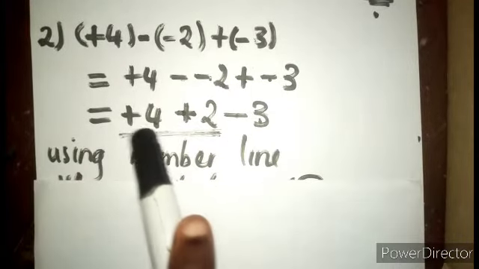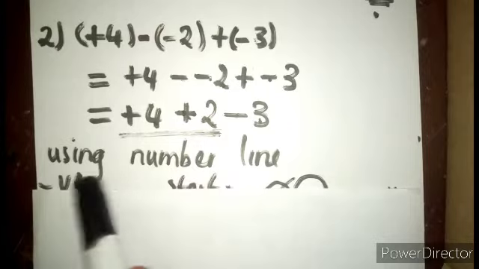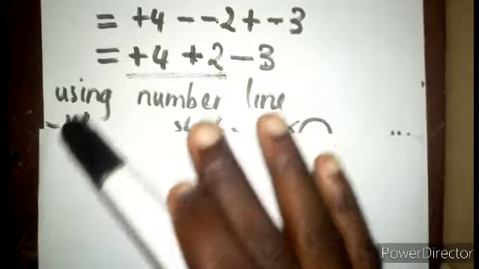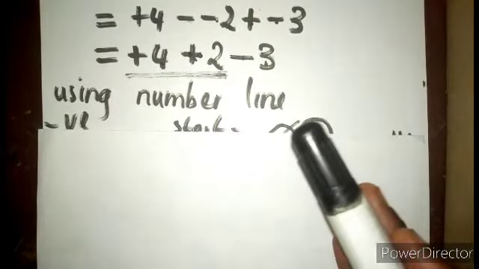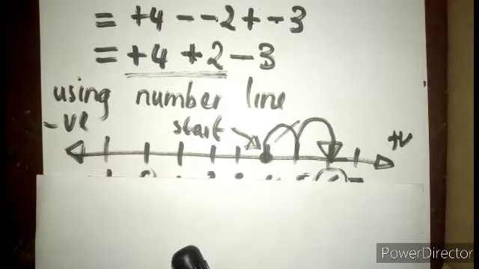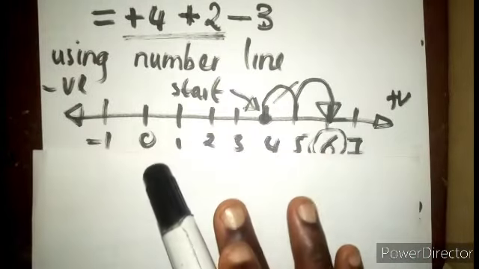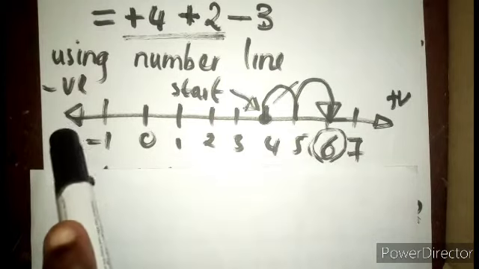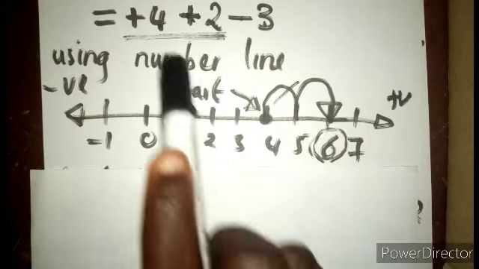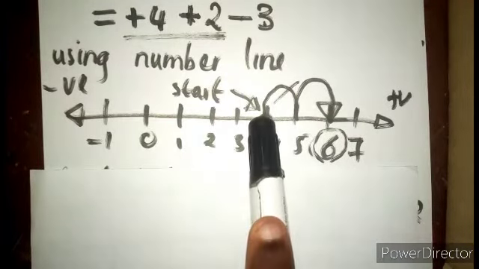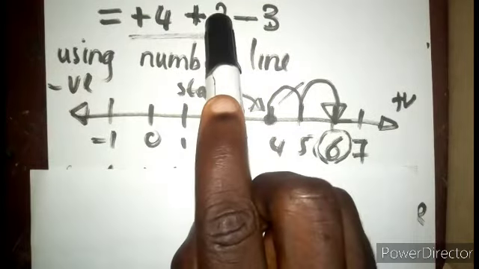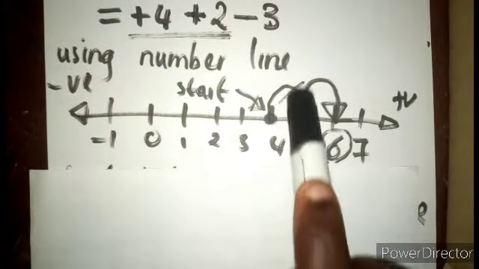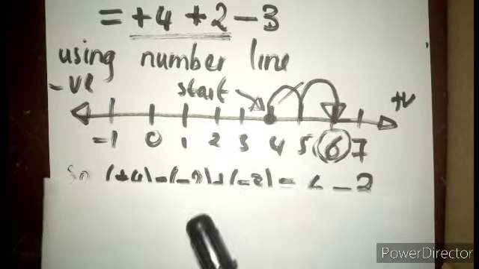Now, working with positive 4, positive 2, using your number line, you can do it directly. Positive 4, positive 2 is positive 6. But using our number line, we can also have the same result. Starting at positive 4 and moving 2 times to the positive direction, we have 1, 2, giving us positive 6.